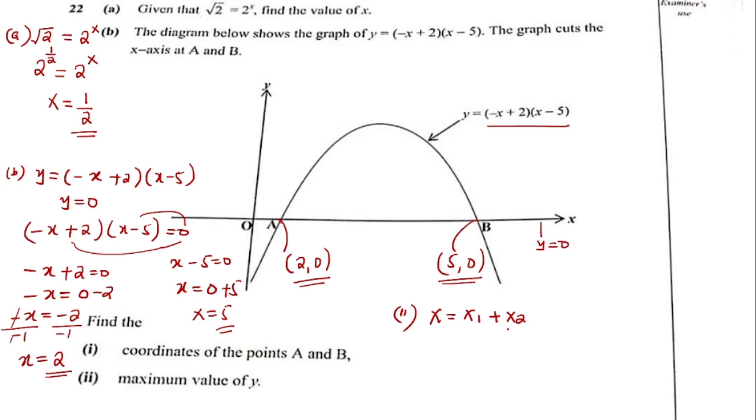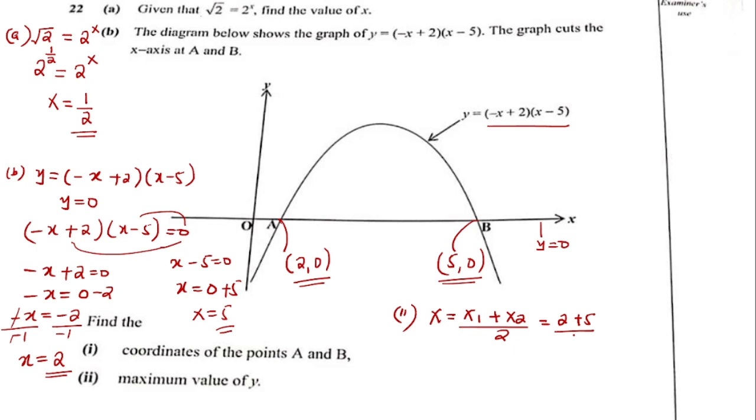Now what are these x? We're basically getting the x coordinates where the curve is cutting the x-axis, which is the 2 there plus the 5 there. You divide by 2, we're going to get 7 divided by 2, that will be 3.5.